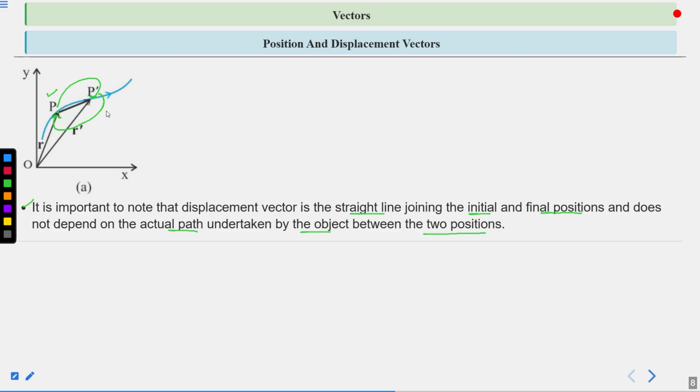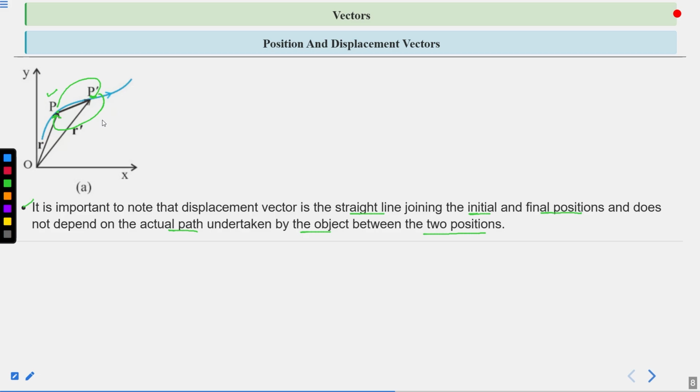Initial and final positions are the same. In that case the displacement of the particle is 0. Why? Because the initial and final positions are the same.